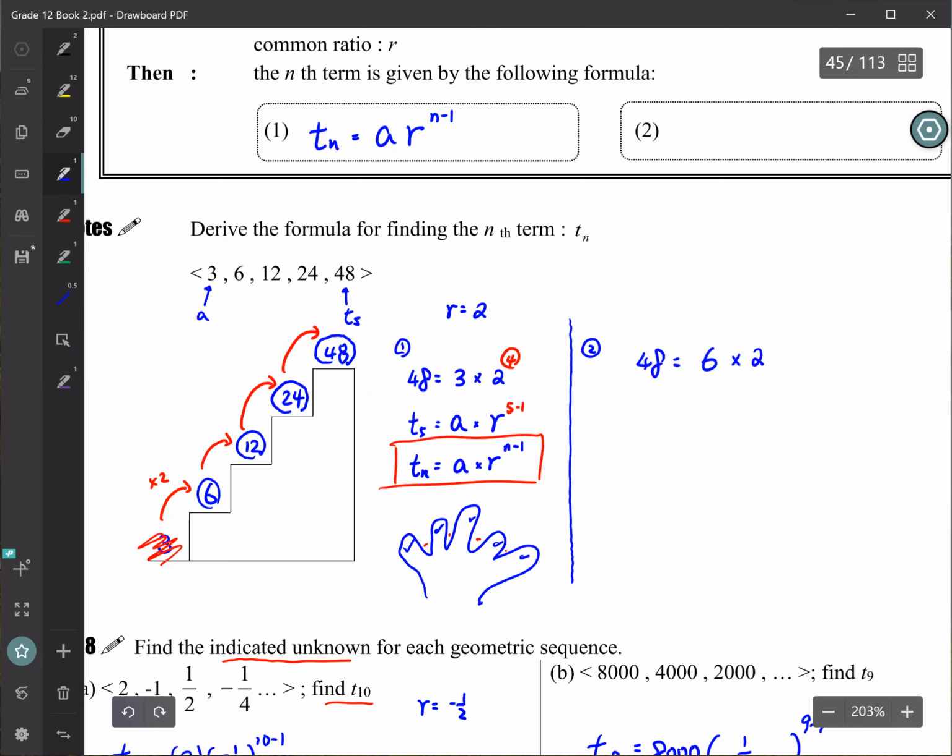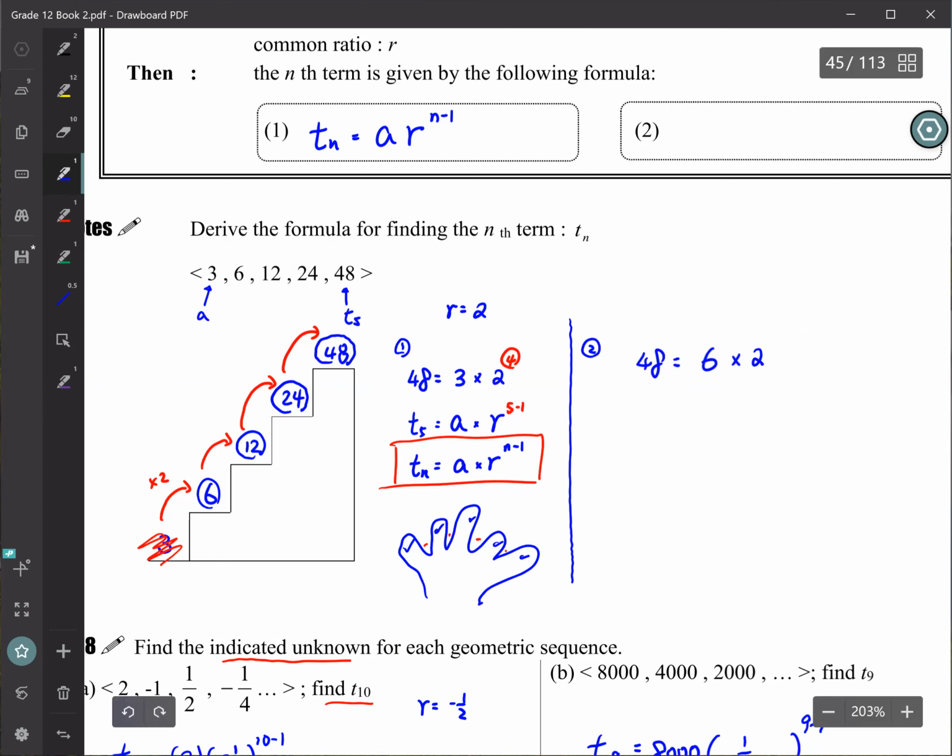It depends on where you want the term to end, the term that you want to find. And this one, Tm, is the starting term. R, of course, is the ratio. I won't need to write that out. N is the ending place, and then M is the starting place.